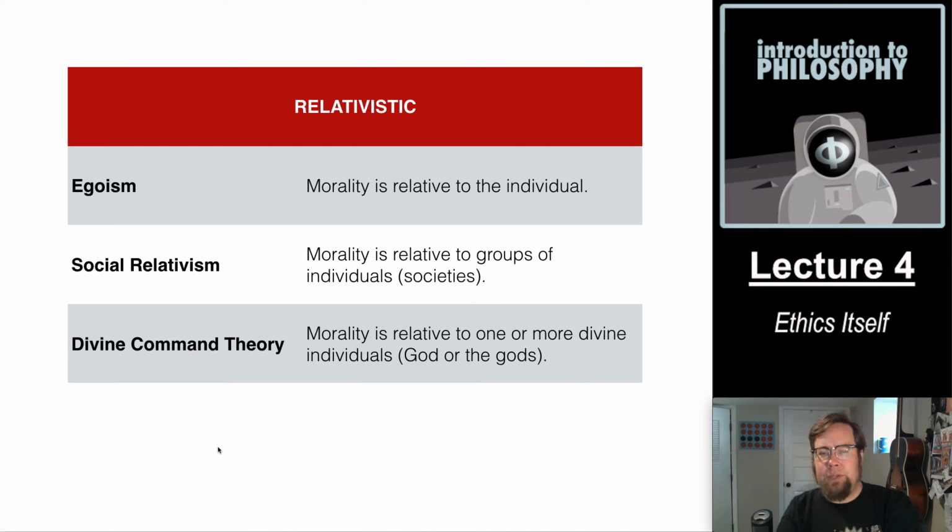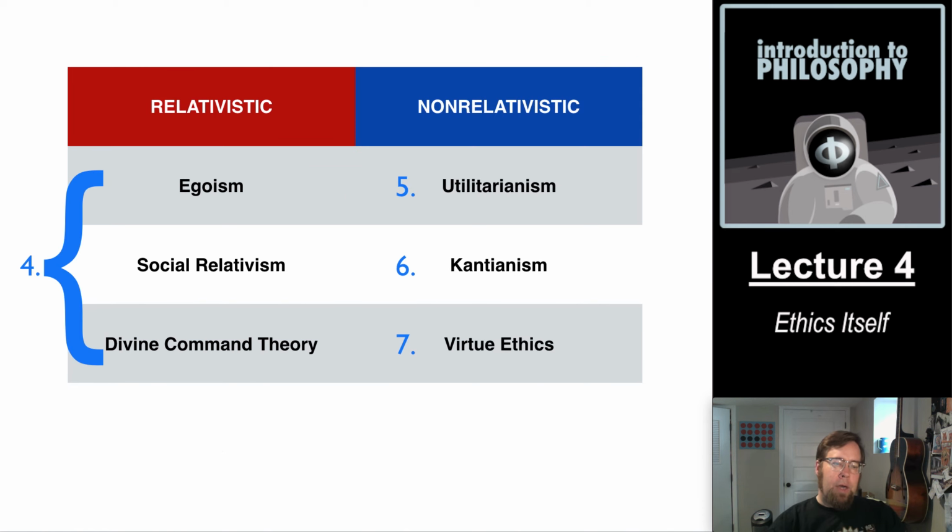Nonetheless, each of these views is making ethics a mere matter of judgment, and it removes the possibility of criticizing those judgments. If those judgments make morality true, then there's no reason you can ask about why those things are true. Okay, so lecture 4 was about these 3 relativistic approaches to ethics.